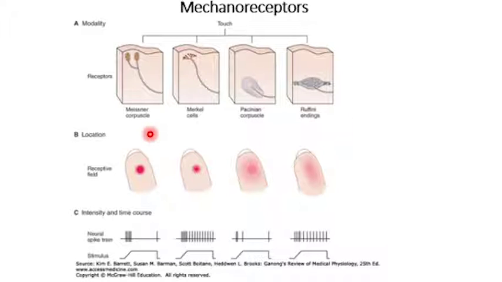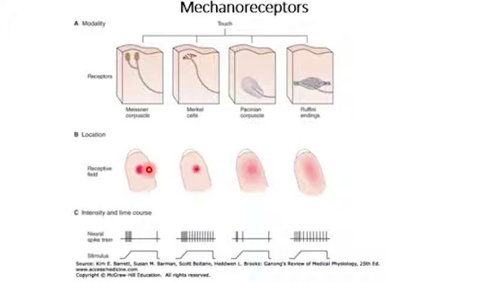For selective activation, the Merkel cells and the Ruffini endings respond mostly to the sensation of steady pressure. The Meissner's and the Pacinian corpuscles respond mostly to tingling and vibratory sense. The intensity of this will determine how many action potentials are generated, which will then determine how much of a response we perceive.